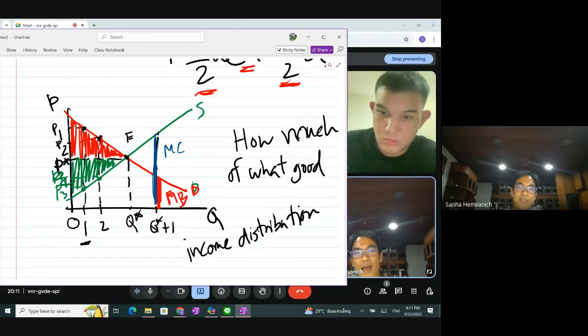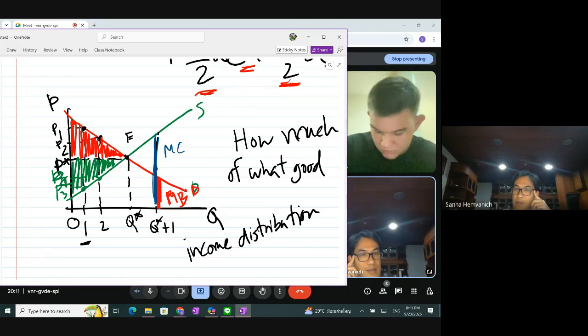In the US, it's a market. So they believe that if you're working hard, you should earn the benefit of it. The Republicans would like to tax less, because tax is the tool of the government to have income redistribution, because you tax from rich people to help poor people.